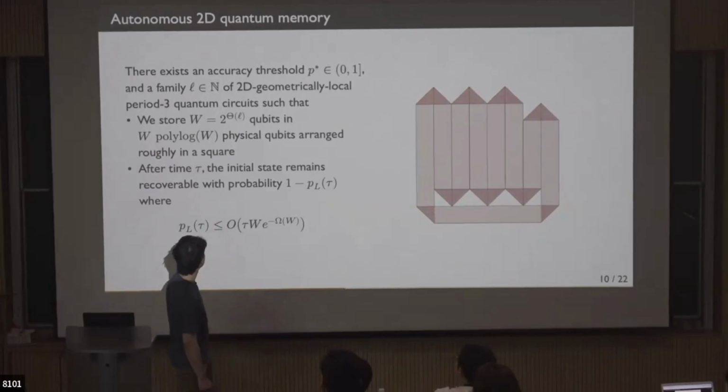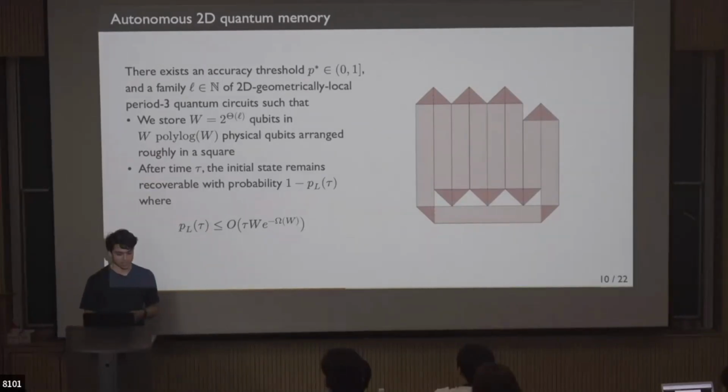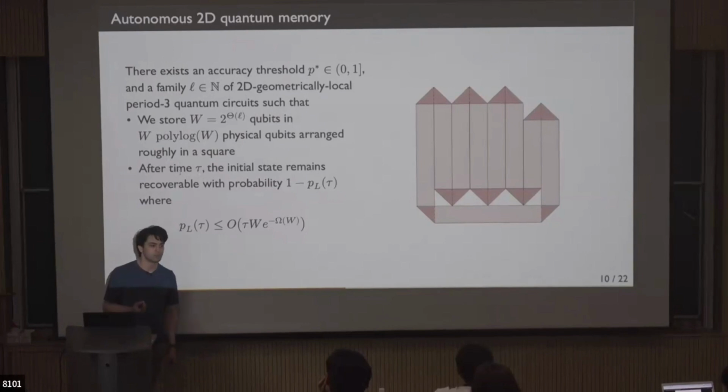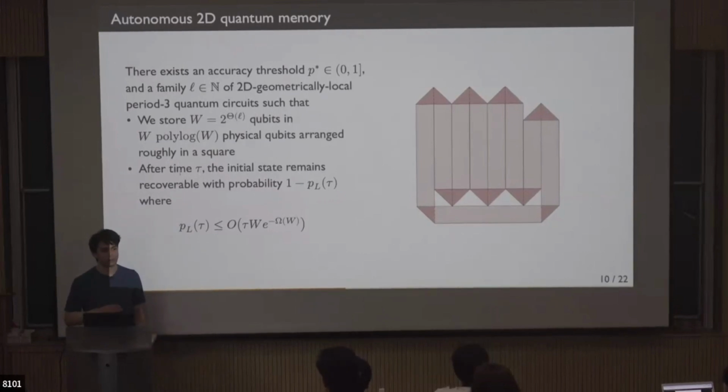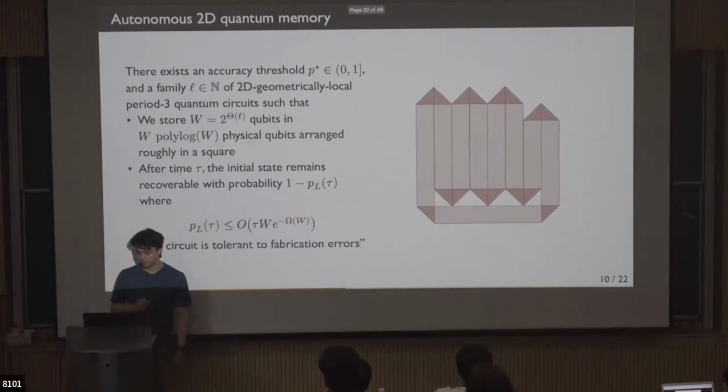And we have a memory, and the storage time of the memory is quite long. So great. And this rate that you get is actually the rate of the underlying fault tolerance scheme up to some constants. So you can preserve that rate, which is quite nice.